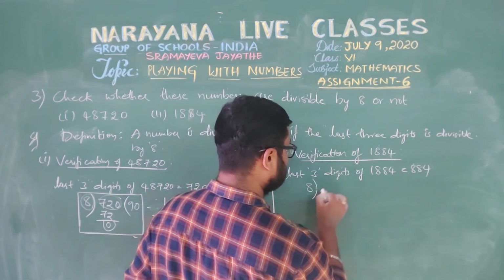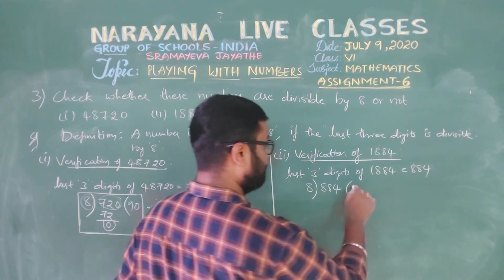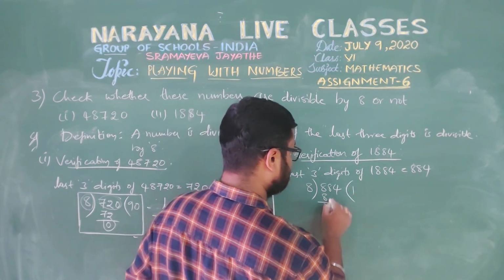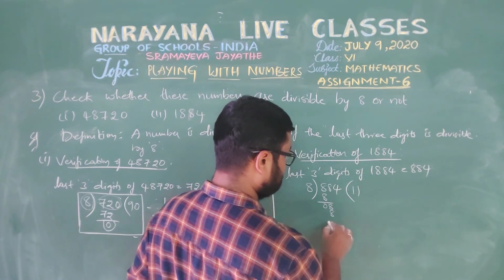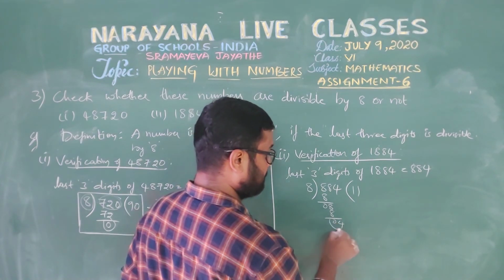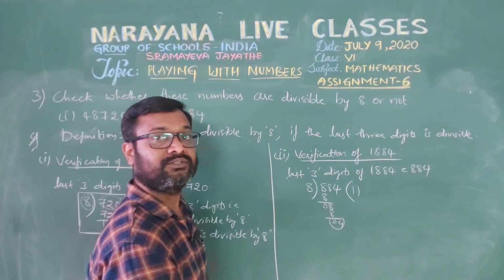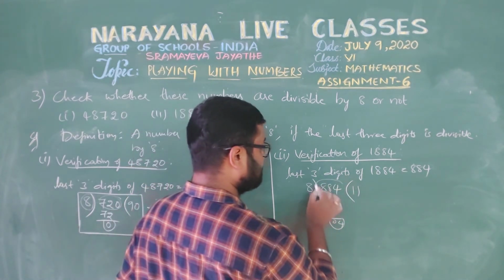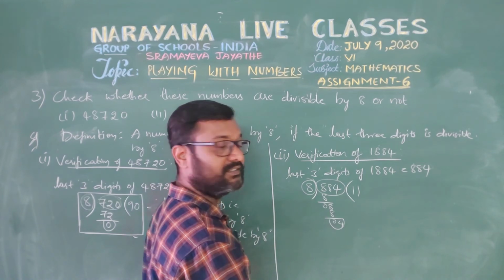So 8 as a divisor, 884 as a dividend. Now 8 ones are 8, 0 remainder, and this comes down. 8 ones are 8, then 0, this 4 comes down. So 4 is the remainder. So that means this 884 is not exactly divisible by 8, isn't it?